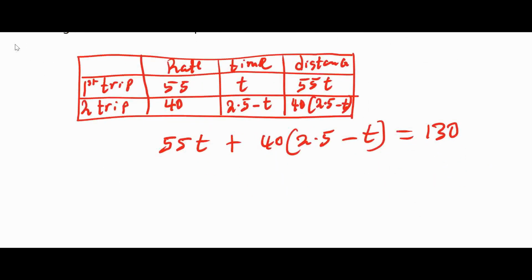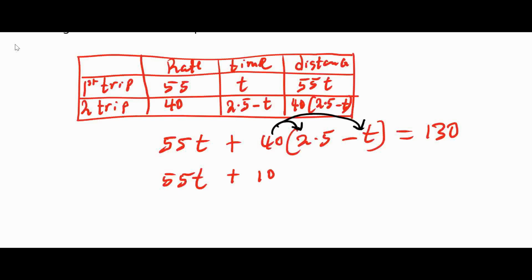So now let's distribute this into this and also into this. So we are going to have 55t plus 40 times 2.5. What would that give us? 40 times 2.5, 100.